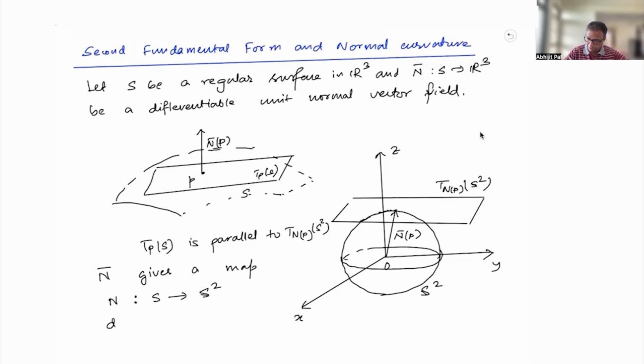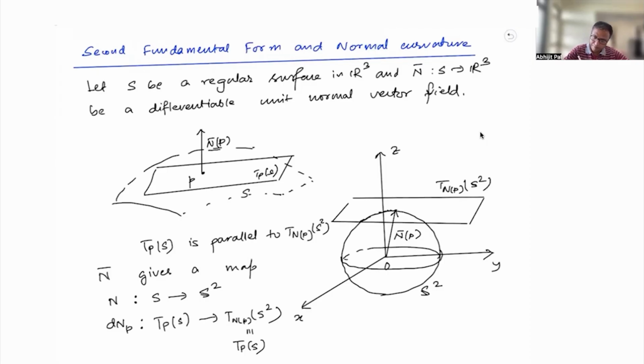And now if I take the differential of this map at the point P, this will be a linear map from TPS to TNP S2. And TNP S2 is identified with TPS.